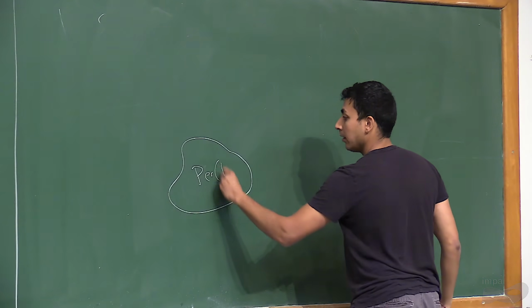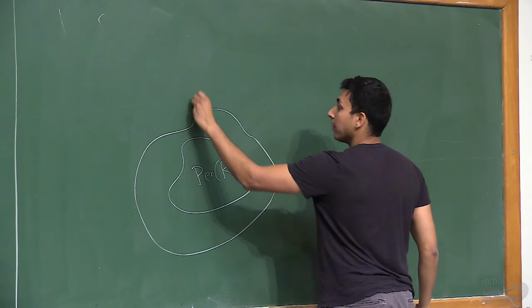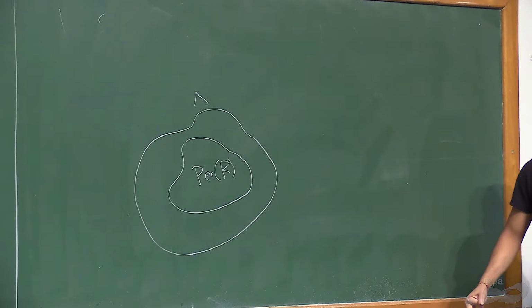So this is our periodic point set, and this is lambda.